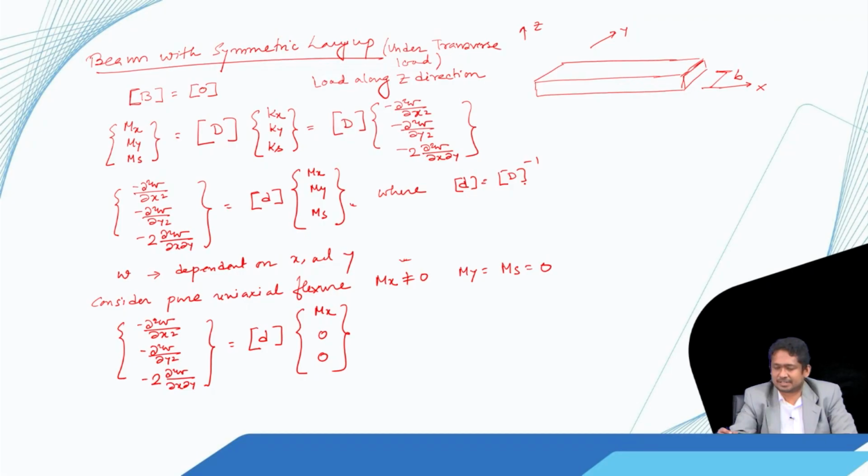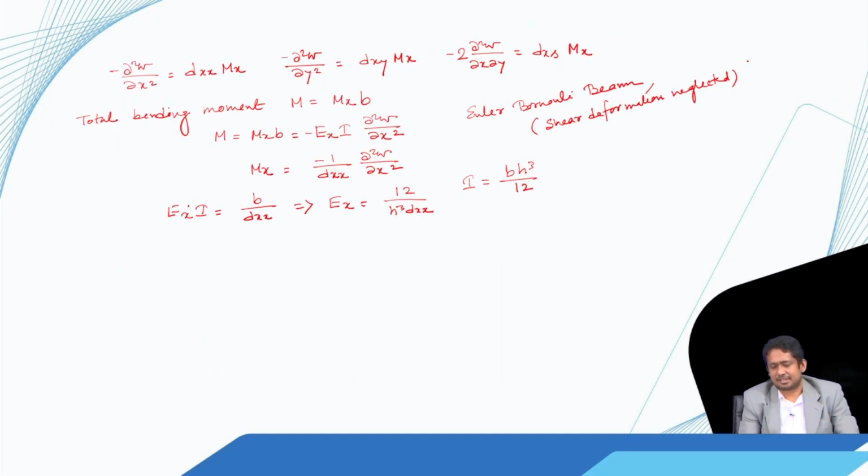Our beam has a thickness h, so the dimension along z is h. For a rectangular section, the moment of inertia I with respect to the y axis is b h cube by 12. If I use it here, finally Ex comes out to be this. So we are trying to find an equivalent quantity that we generally use in beam theory, and that is how we get Ex as this.